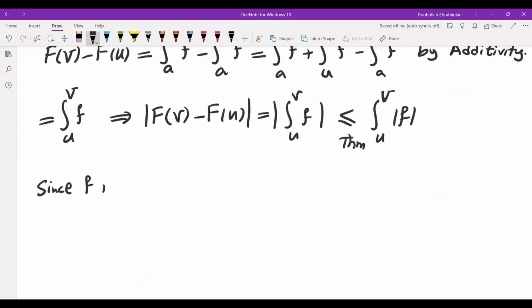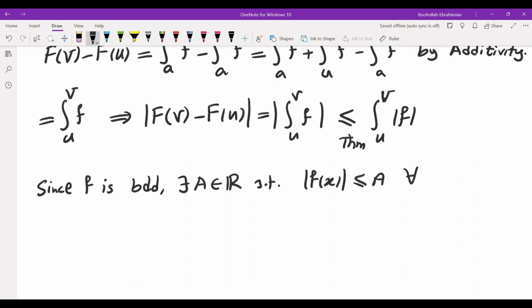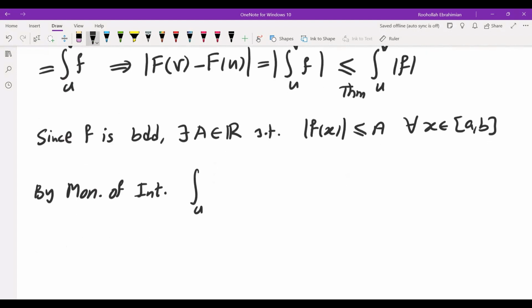Since f is bounded, there is some A in R such that the absolute value of f(x) is less than or equal to A for every x in the interval from a to b. By monotonicity of integrals, the integral from u to v of the absolute value of f would be less than or equal to the integral from u to v of A, and that is A times (v minus u).